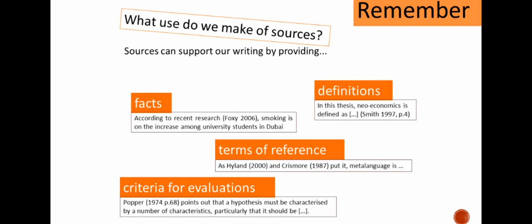So when do we have to actually make use of sources? This is when you need to give, for example, definitions. You would be consulting what authoritative authors have mentioned as definitions for certain topics.